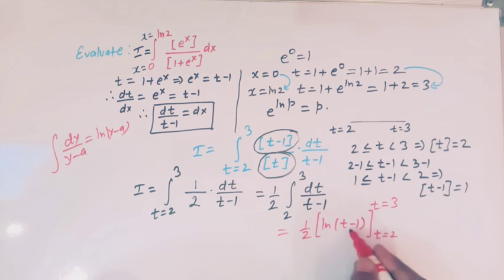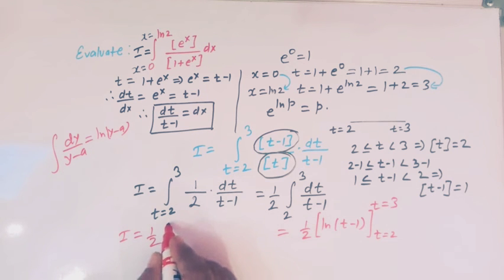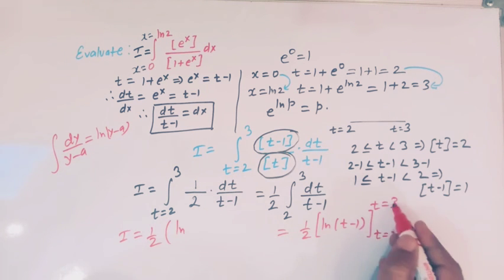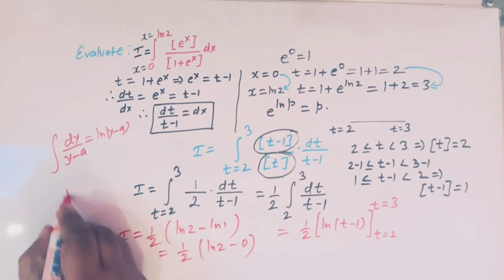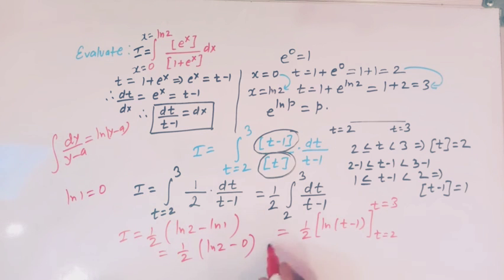Now substituting the limits and taking the difference, I is equal to half times log of 3 minus 1, that is 2, minus log of 2 minus 1, that is log of 1. So this is half log 2 minus 0, because log of 1 is 0, and this is simply half log 2, which can also be written as log of square root of 2.